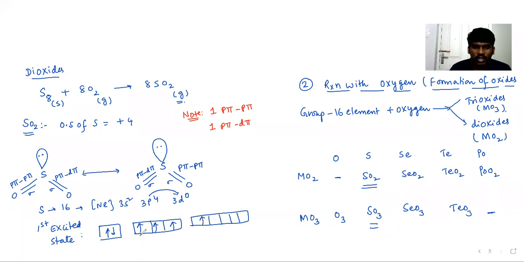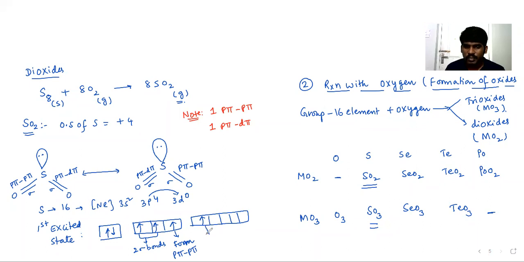So these 2 electrons are responsible for the formation of 2 sigma bonds. This electron can form which bond? P pi bond, because it is present in p orbital and p orbital of oxygen.